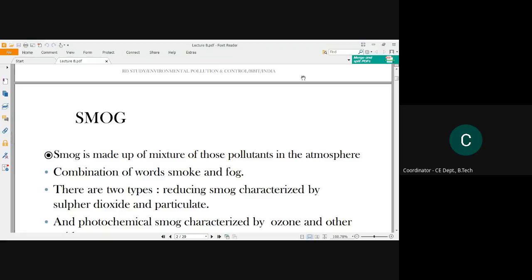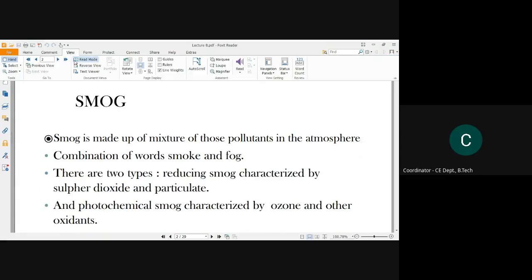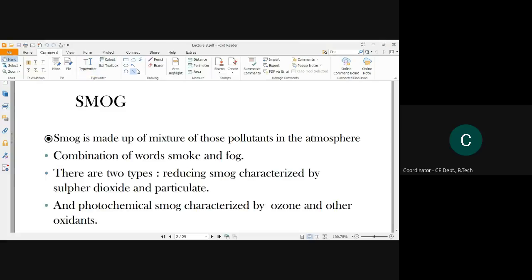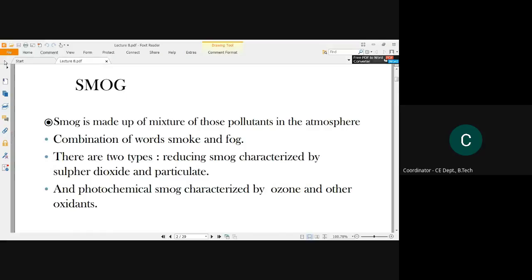So these are some other pollutants which we have to study also, which is smog. Smog is made up of a mixture of those pollutants in the atmosphere. Actually, this is a composition made of smoke and fog.